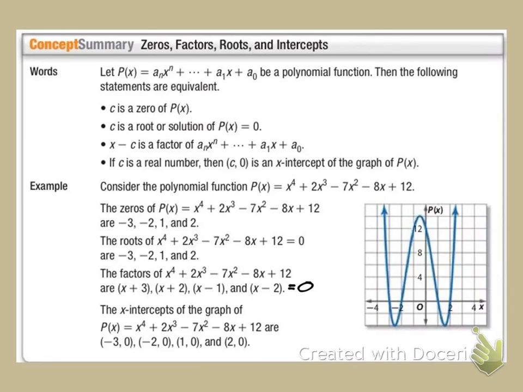After we made it equal 0, we would then do what with all of the binomials? We would solve. Before we solve, we would split them up though, right? We would make it x plus 3 equals 0, x plus 2 equals 0, x minus 1 equals 0, x minus 2 equals 0.